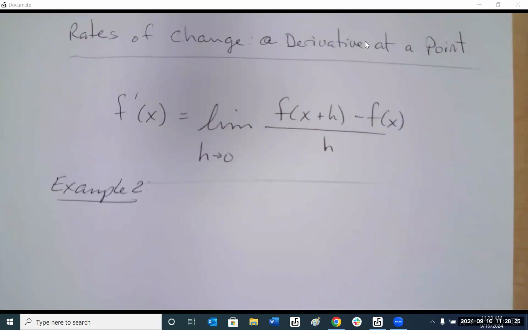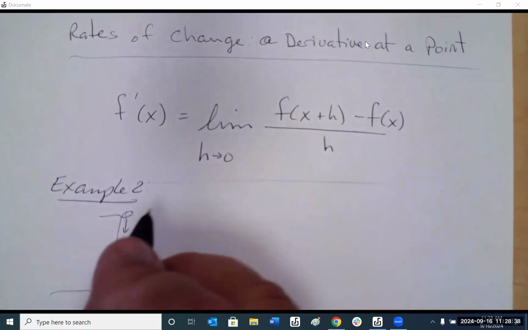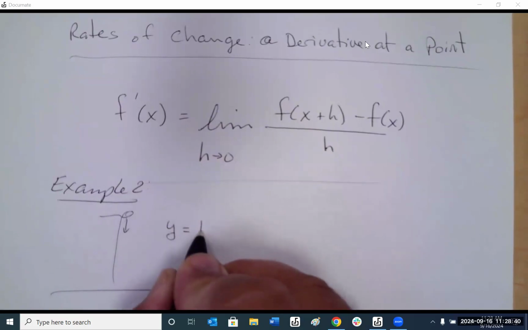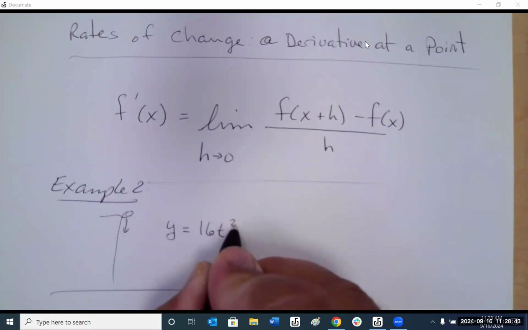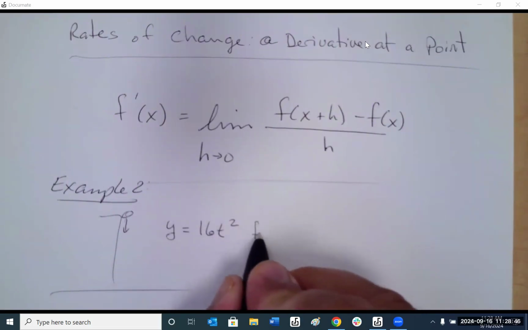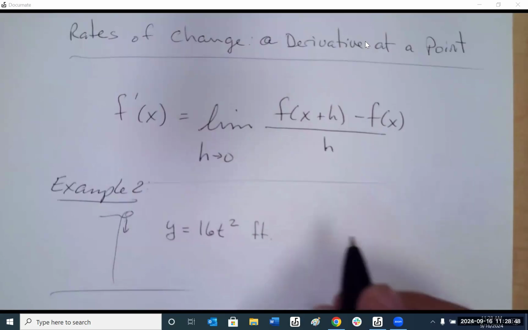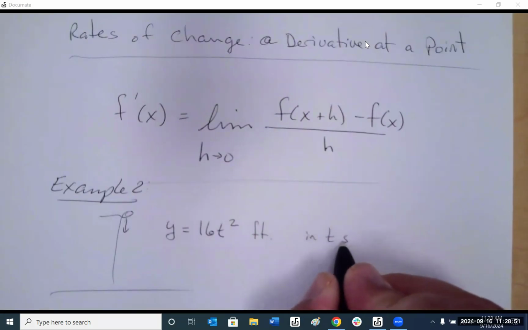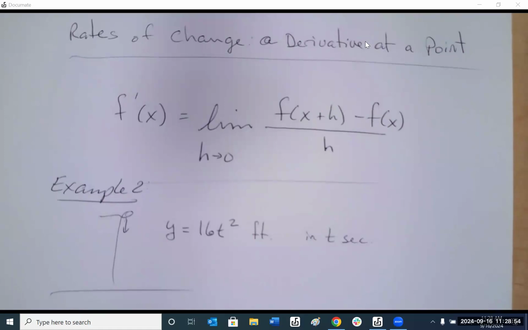In examples 1 and 2 of section 1, we studied the speed of a rock falling freely from rest near the surface of the earth. The rock fell 16t² feet during the first t seconds. And we used a sequence of average rates over increasingly short intervals to estimate. That was our example from 2.1.